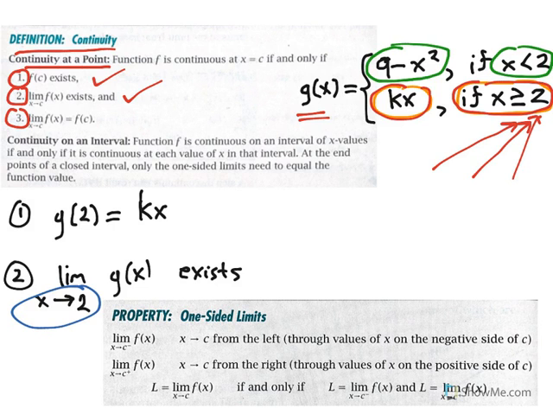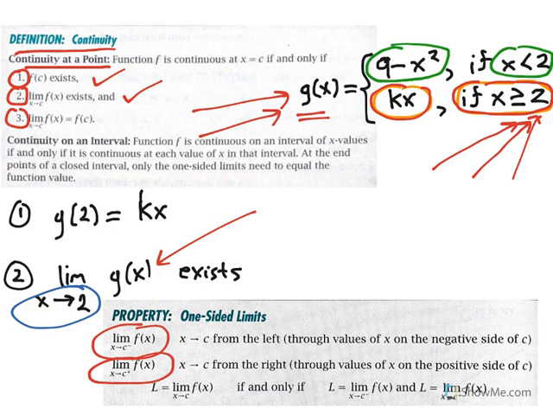So what that means is, to determine whether this two-sided limit exists, we have to use one-sided limits. So we have to examine the limit of the function g of x as x approaches 2 from the left, and we have to examine the limit of the function g of x as x approaches 2 from the right.